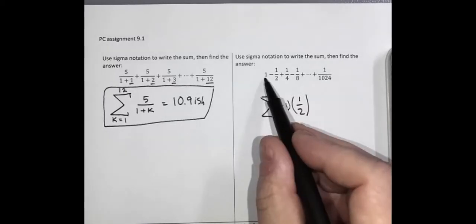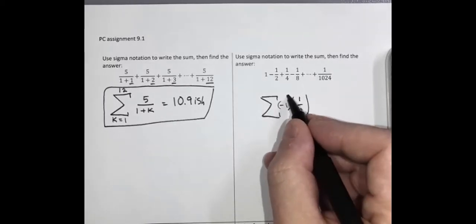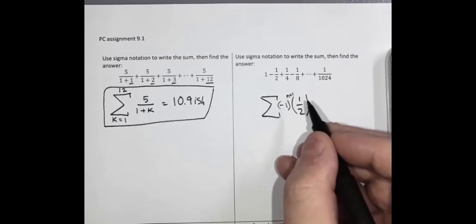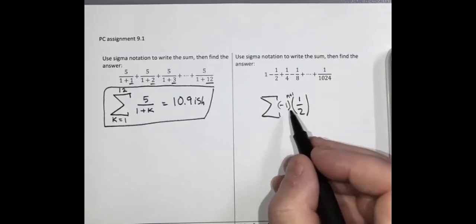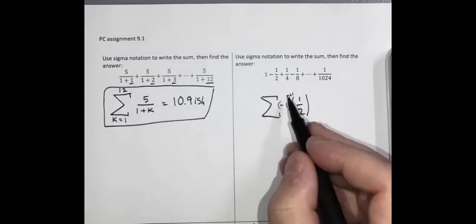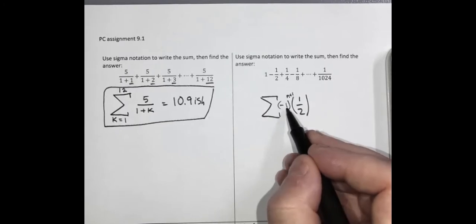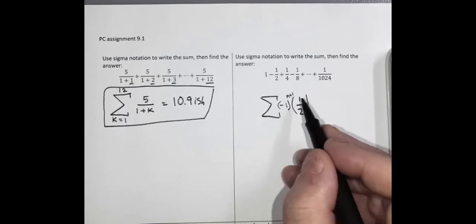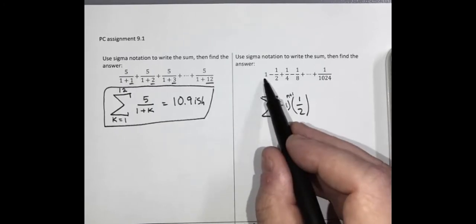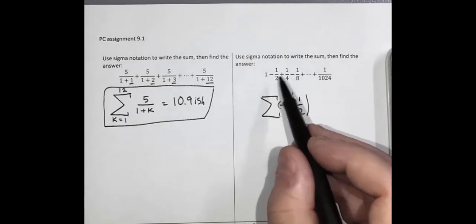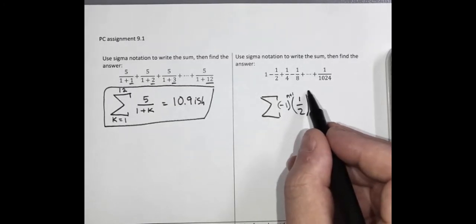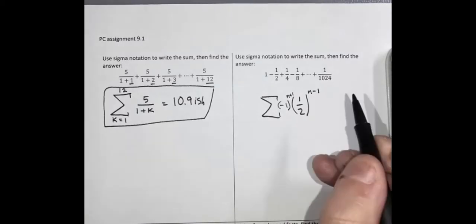Since we need the first term to be positive, I'm going to make the exponent on the -1 be n plus 1, because that makes the first term, 1 plus 1, become -1 squared, which is positive. And I need this to be 1/2 to the 0th power, so the exponent I'm going to put over here is n minus 1.